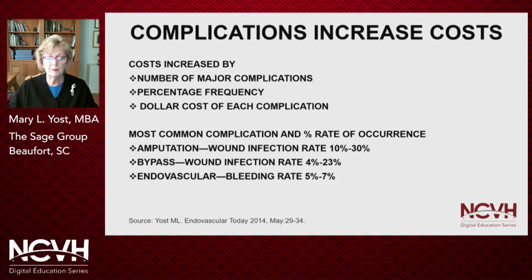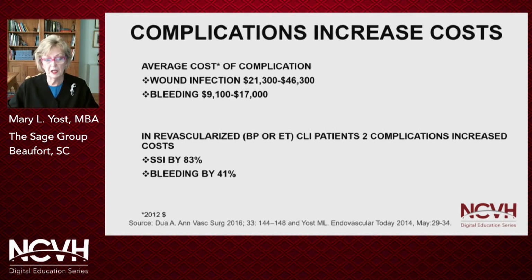Endovascular, the most common complication is bleeding at a rate of 5 to 7%. The average cost of a complication, for example, wound infection, $21,000 to over $46,000. Bleeding can cost between $9,000 and $17,000.